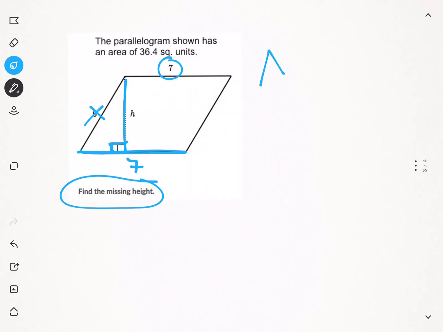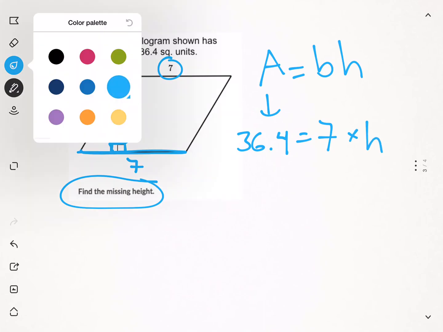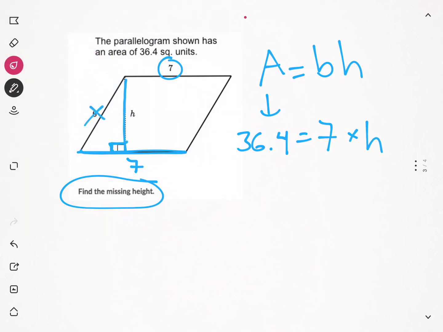We write our formula, area equals BH, and then we substitute in. Area is 36.4, base is 7, times the height we don't know. To work backwards to find that height, we divide. Divide by 7, divide by 7.